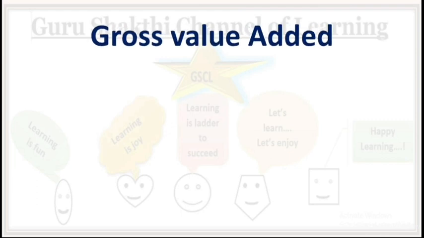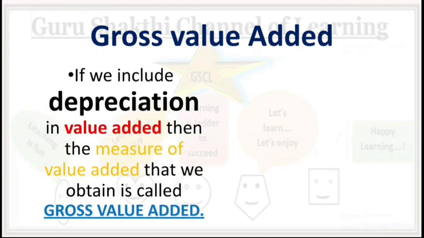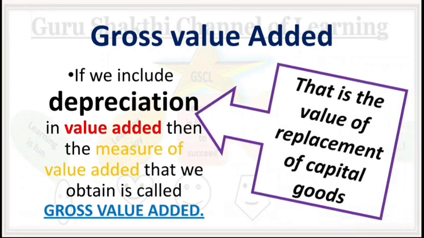The value addition that includes the depreciation charges is gross value added. The value added amount that already includes the amount spent to replace the capital goods is called the gross value added.